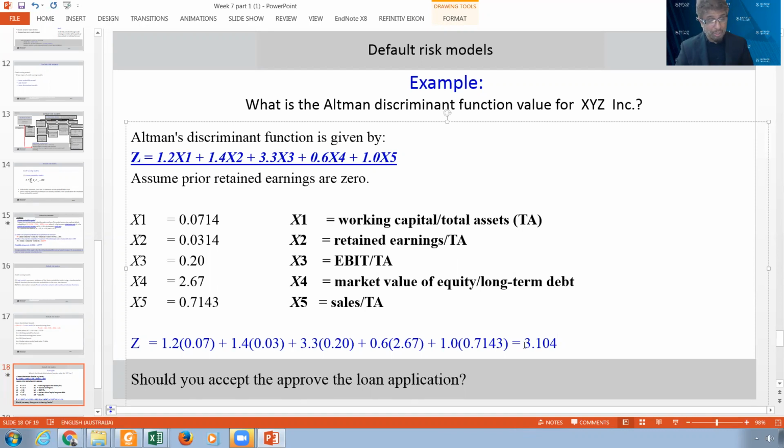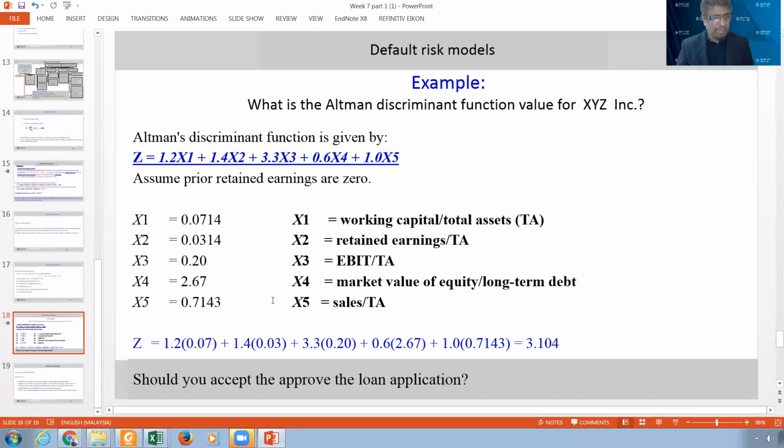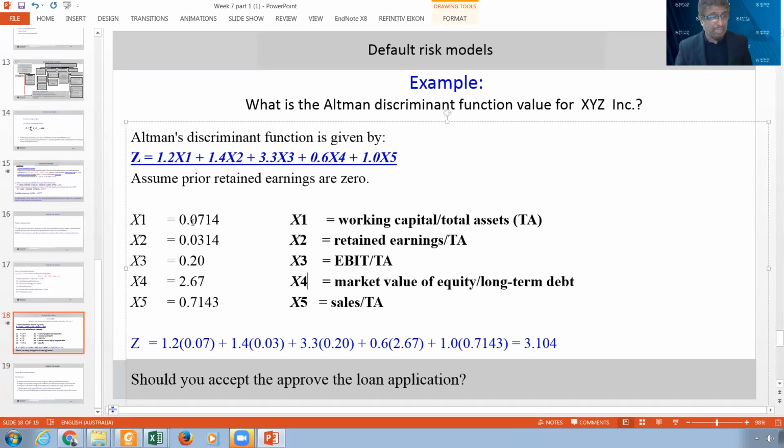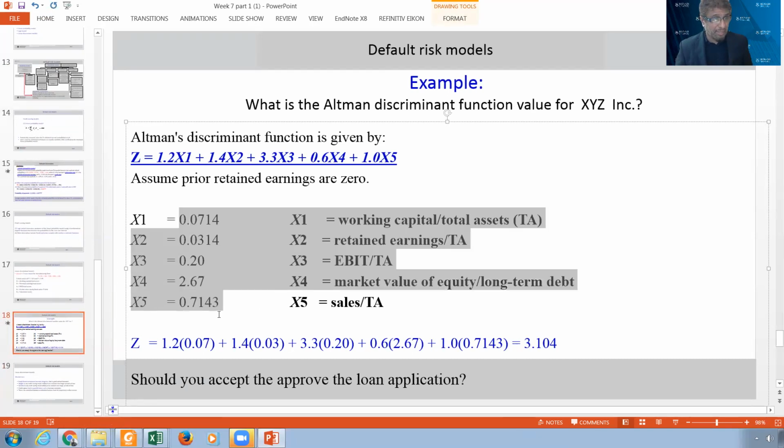Does that mean you reject the loan? You consider it. I mean, it needs more discussion. But if you score more than 2.99, already green. A score under 1.81, red and rejected. So this is how the discriminant model works. I don't have the data, I just give you the data ready.